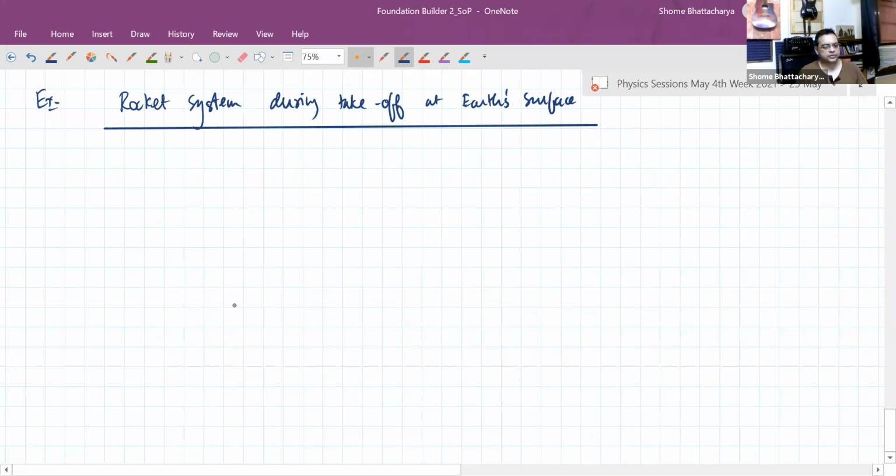So let's say this is the mass of the rocket at time t. So moment later, it has ejected out a certain amount of fuel. So its mass has become a little bit lesser.